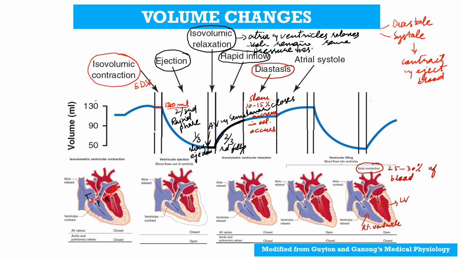And after atrial systole, again the volume in the ventricles becomes 120 ml of blood.